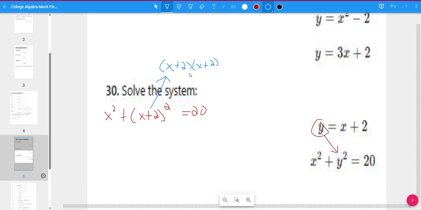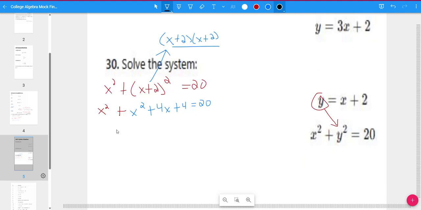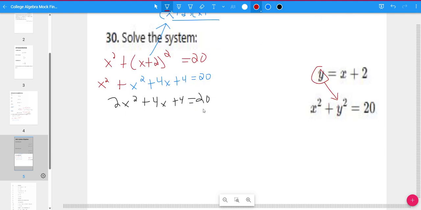So if I multiply that out, I'll have my x squared drop down from the front. And then in blue, what this multiplies to is x squared plus 4x plus 4 equals 20. If I combine like terms, I get 2x squared plus 4x plus 4 equals 20. Then if I come down here and minus the 20 to get the right side equal to 0.